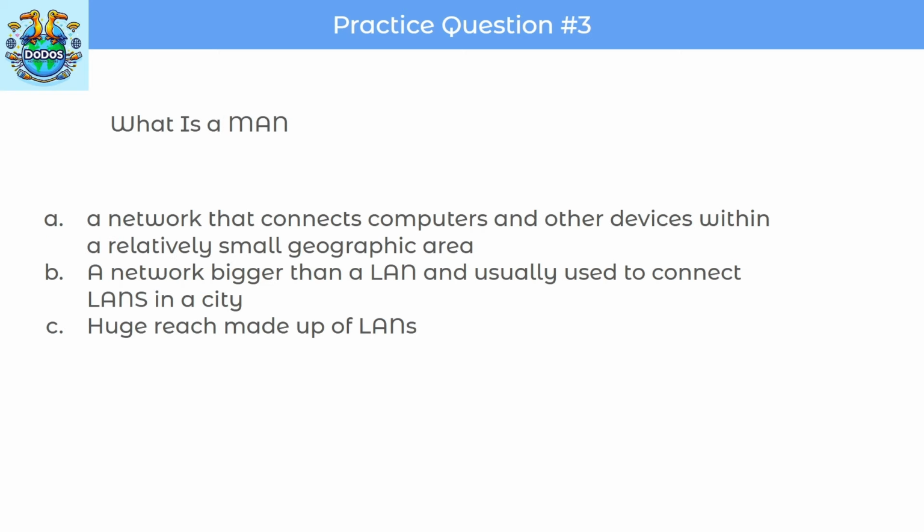Practice question 3. What is a MAN? Metropolitan Area Network. A, it's a network that connects computers and other devices within a relatively small geographic area. B, it's a network bigger than a LAN and usually used to connect LANs in a city. Or C, huge reach made up of LANs.